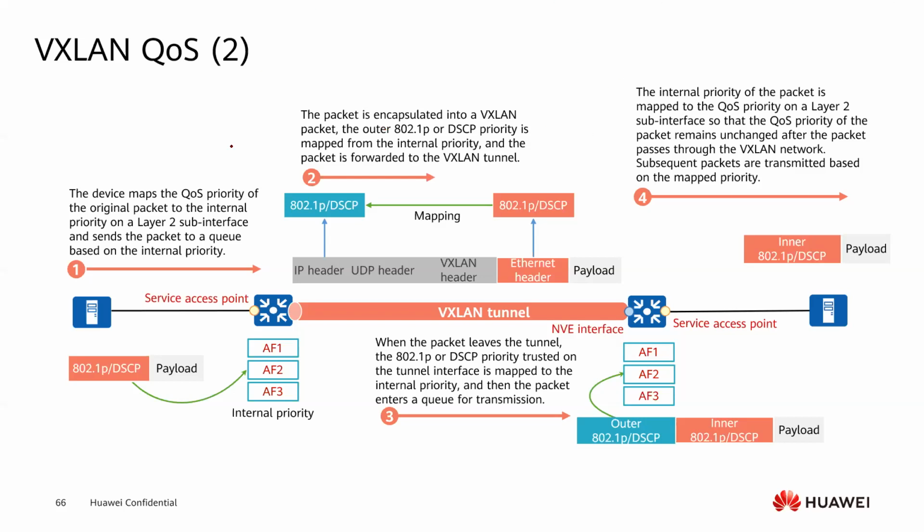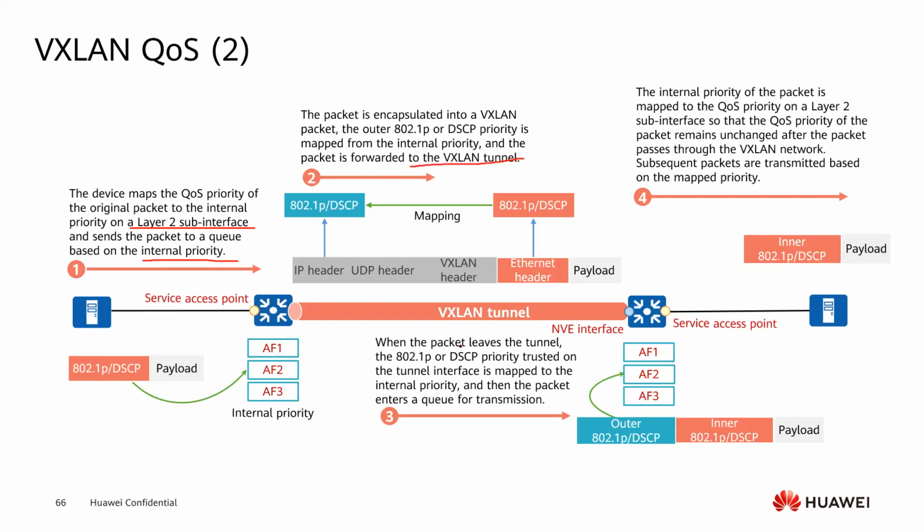You will find that the device maps the QoS priority of the original packet to the internal priority on the Layer 2 subinterface, and sends the packet to a queue based on the internal priority, and the packet is encapsulated into a VXLAN packet. The outer DSCP priority is mapped from the internal priority, and then the packet is forwarded to the VXLAN tunnel.